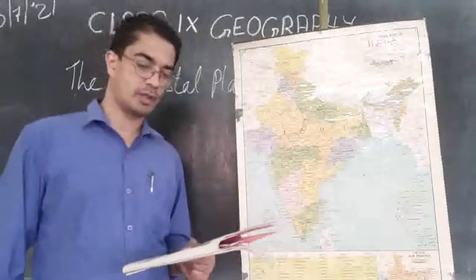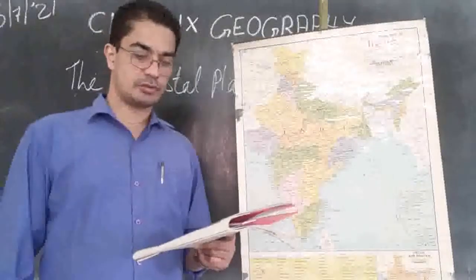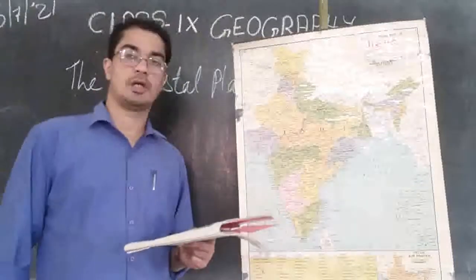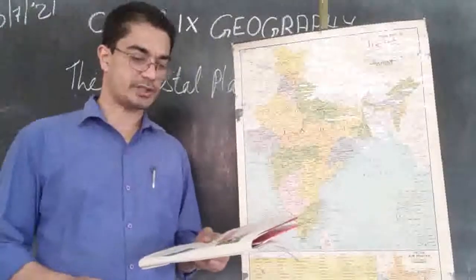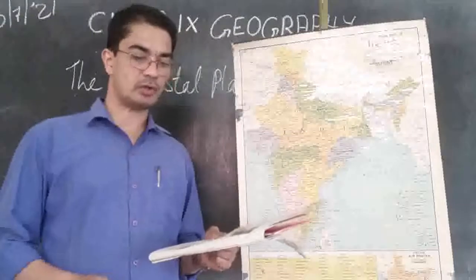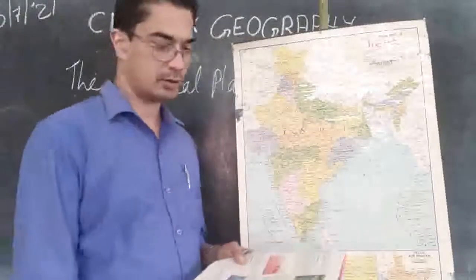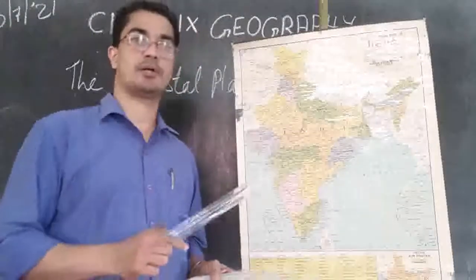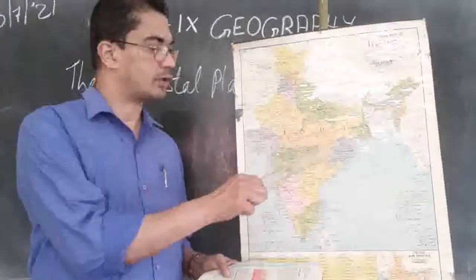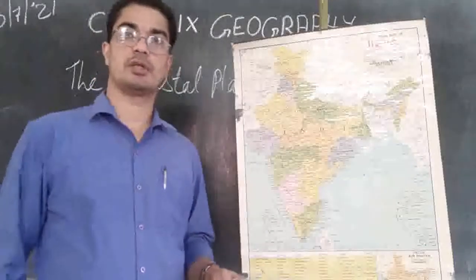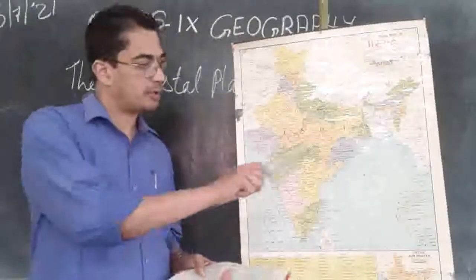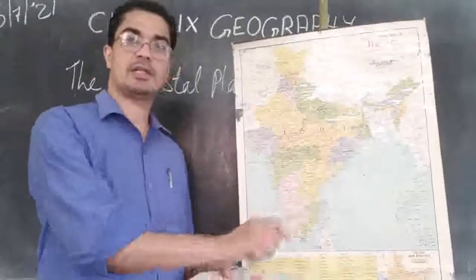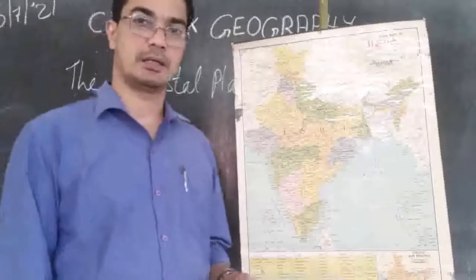So that is the importance of Chilica lake. It lies in the state of Odisha in the south of the Mahanadi Delta. So the Mahanadi is there, and below that is the Chilica lake.